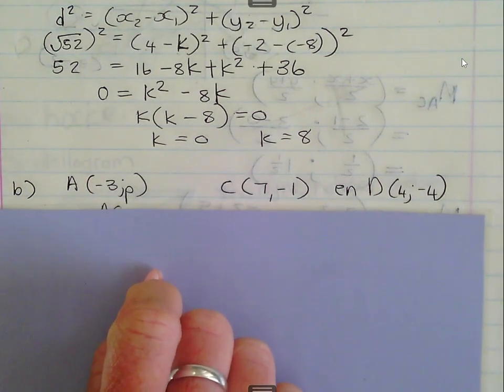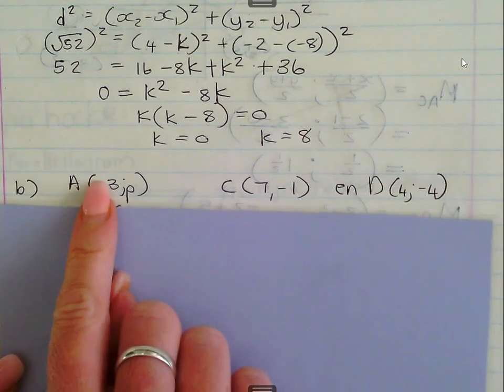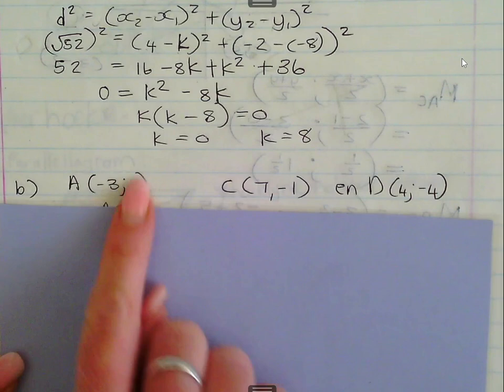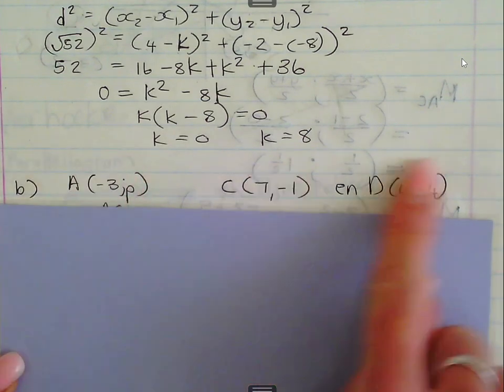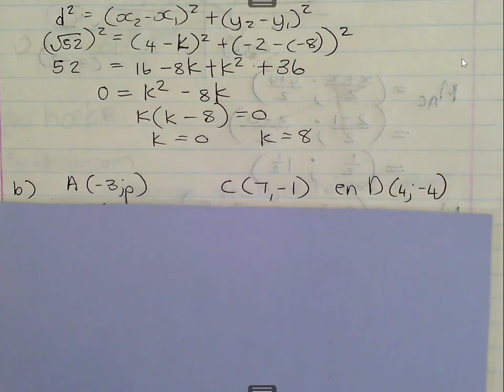So you've got two unknowns. When you've got two unknowns, remember I told you you need two equations. So you can get two equations by taking the distance of AC and taking the distance of AD and letting them be equal to each other. Does the plan make sense?